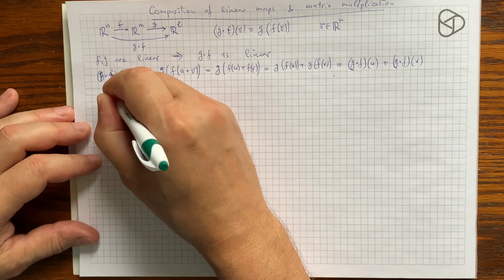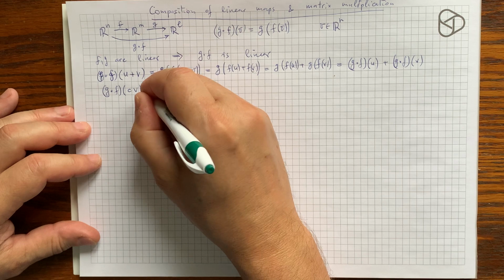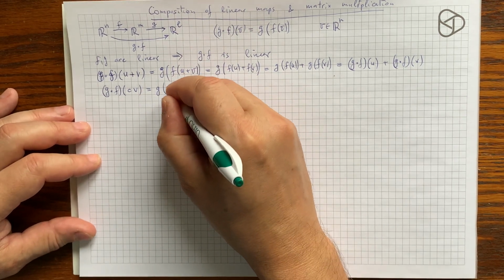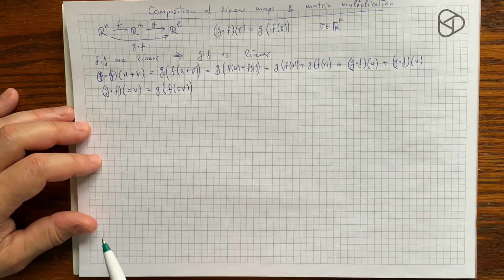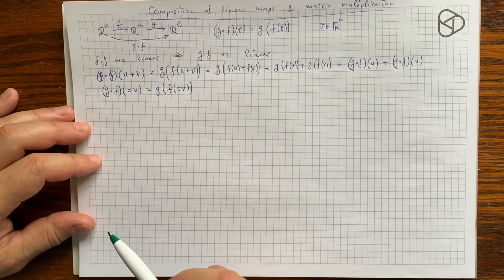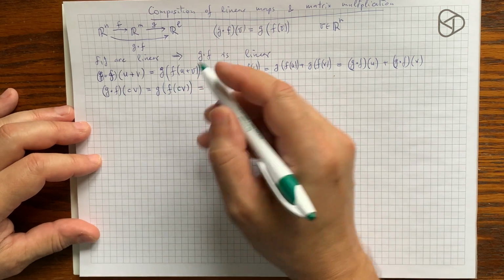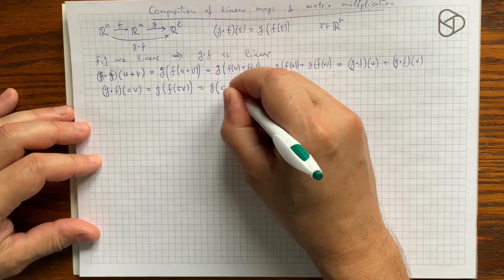The second property, preserving scalars, can be checked analogously. Just follow the flow. We write first the answer according to the definition. Then we use the fact that f is linear, so it preserves multiplications by scalars.